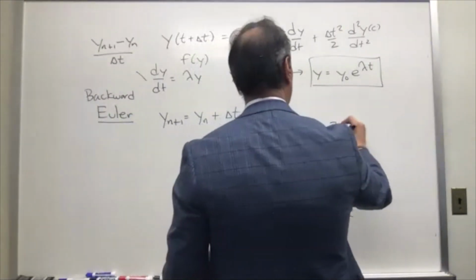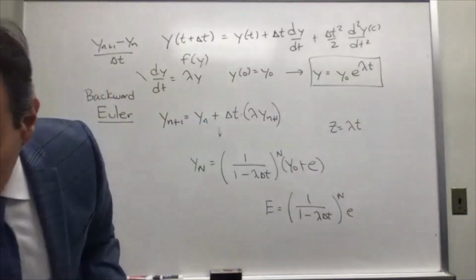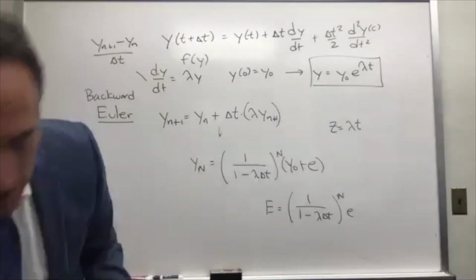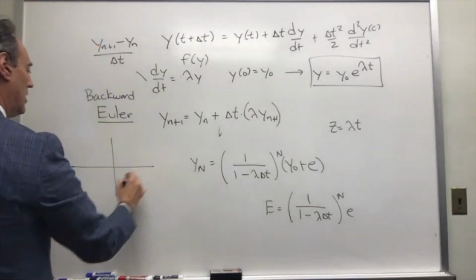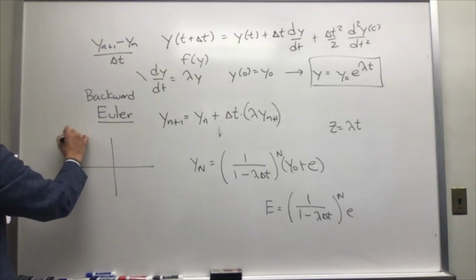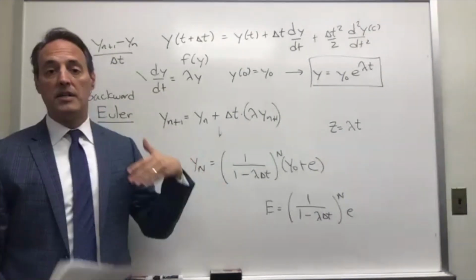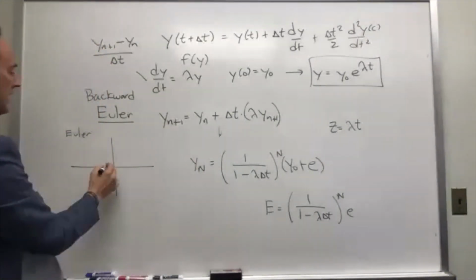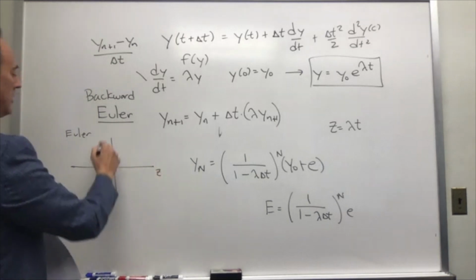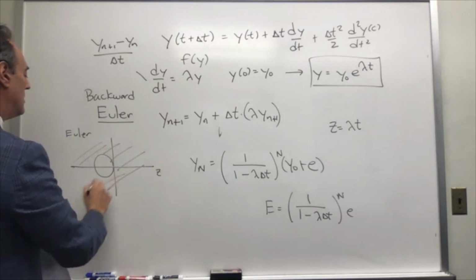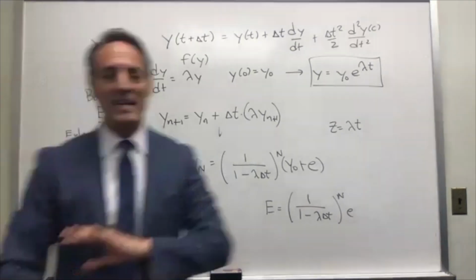In fact, what's interesting about forward and backward Euler is you can show that if you let z equal lambda delta t, you get a really nice picture. For forward Euler, let's just call that Euler, you ask the question: when is forward Euler stable? It turns out it's stable only in a small patch of z, and it's unstable everywhere else. So forward Euler is mostly unstable.